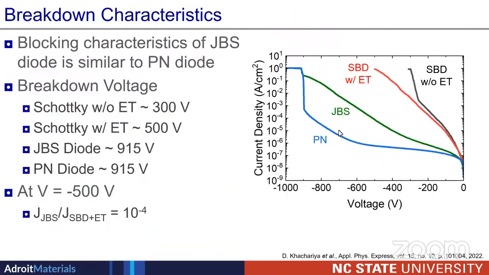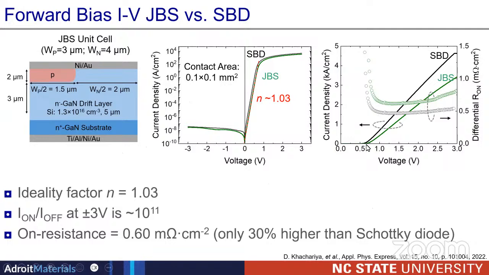One thing I forgot to mention is that the breakdown voltage of the junction barrier Schottky diode is the same as the PN diode. The only difference is that the PN diode in gallium nitride turns on around 3 or 4 volt, whereas the Schottky diode, as I was showing here, turns on at 0.5 or 0.6 volt, which is low compared to the PN diode, and lower voltage also gives you lower losses.